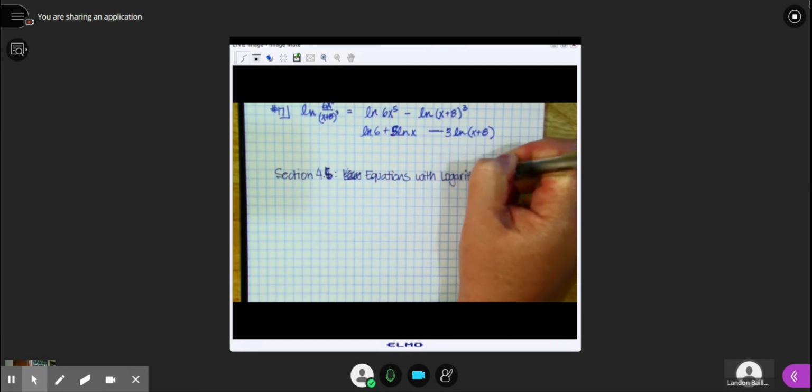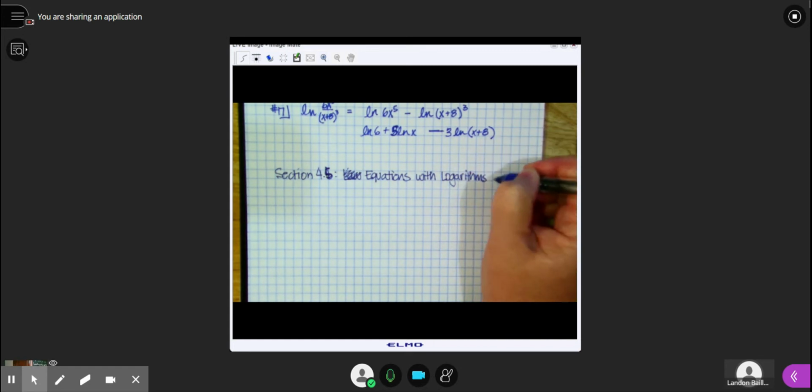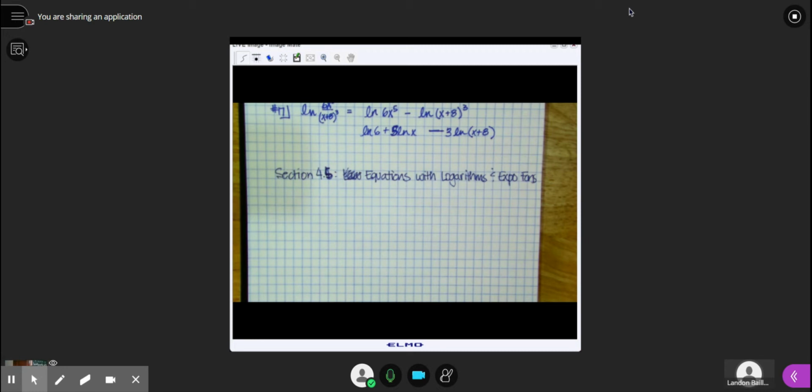All right, so we're going to look at solving equations with logarithms and exponential functions. There we go. Nope, that's still 4.4. Okay.